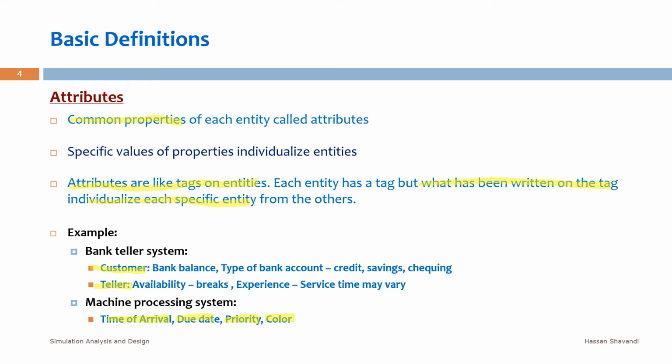So as you see here, we defined attributes for entities. Attributes are the common properties for entities, and the specific values for the attributes among the entities will individualize each entity from the others.